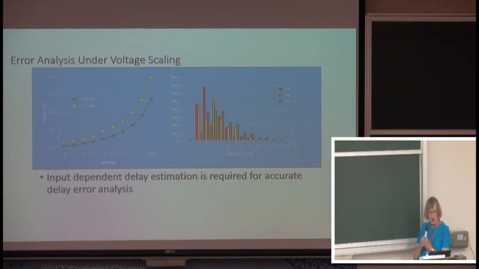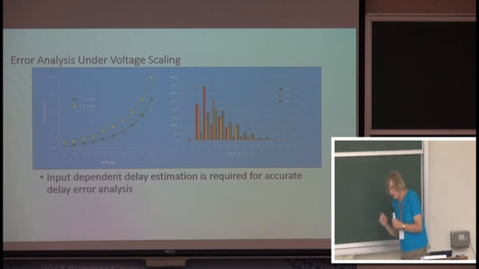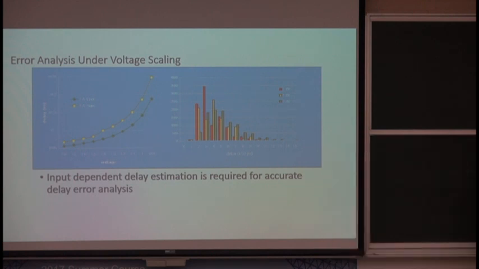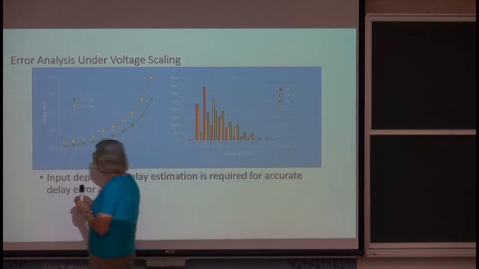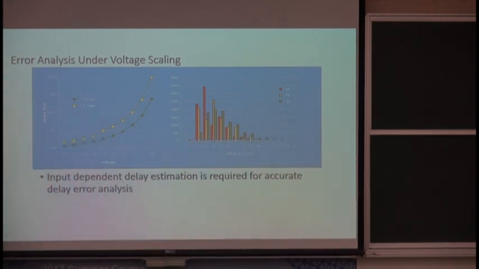So we would expect that if we operate at a very low power supply voltage below the threshold, the logic would be slow, right? And in fact, that's the case.